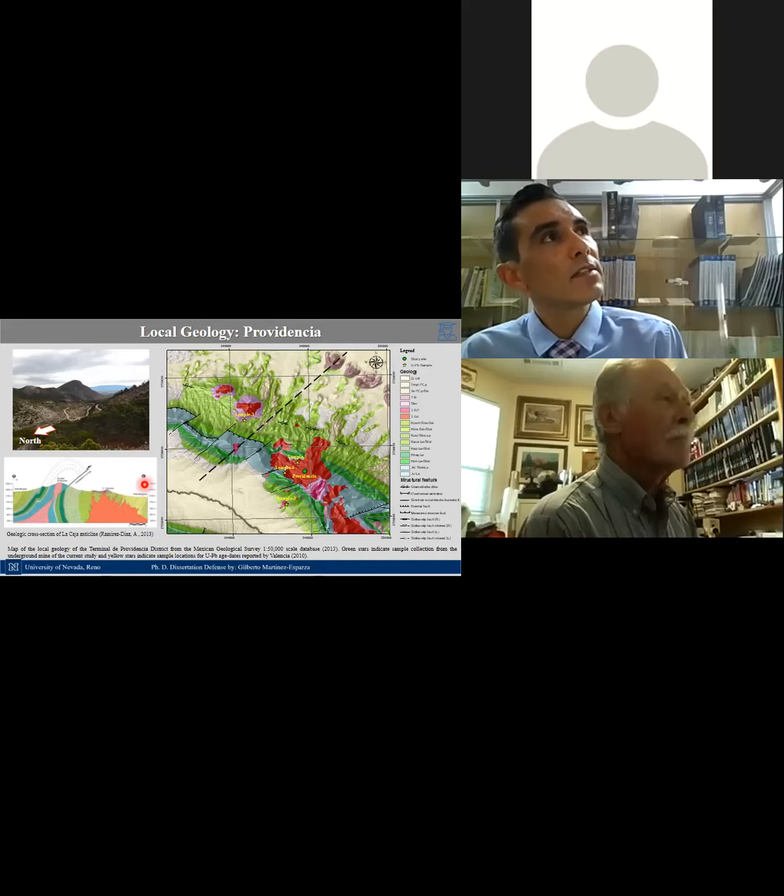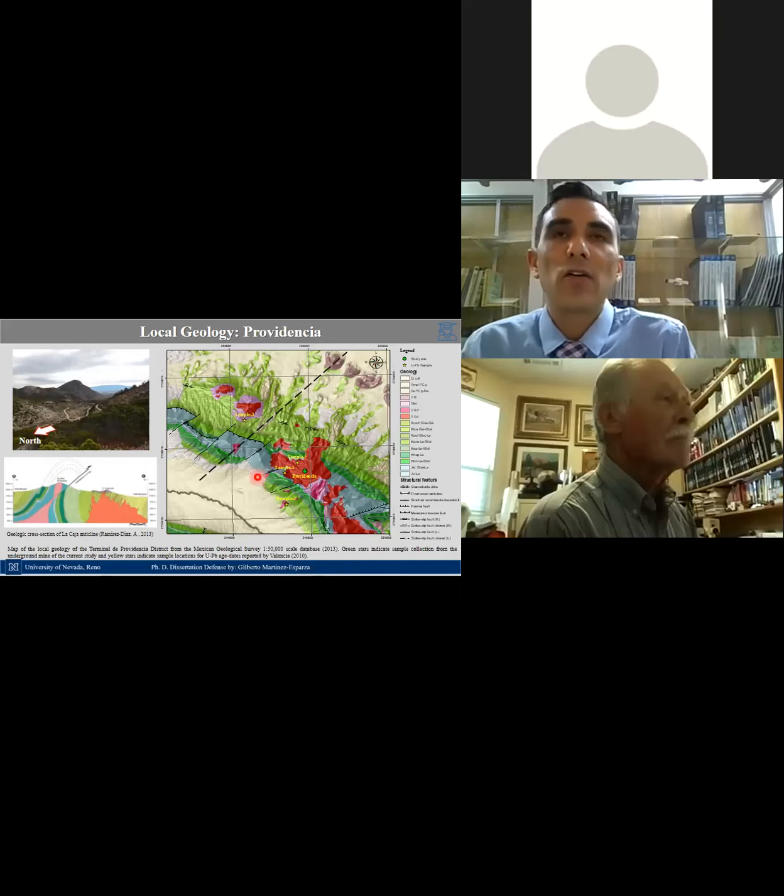But in this slide, you can see the location of uranium-lead dated samples that were used by Valencia in 2010. Commonly, all the districts that lie in the ranges are located in an anticline.